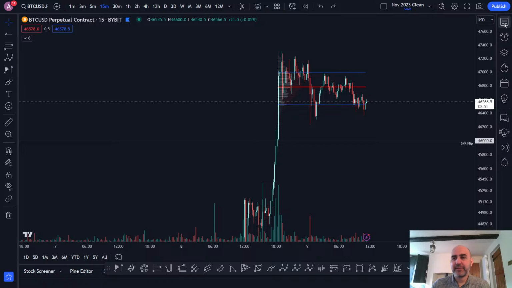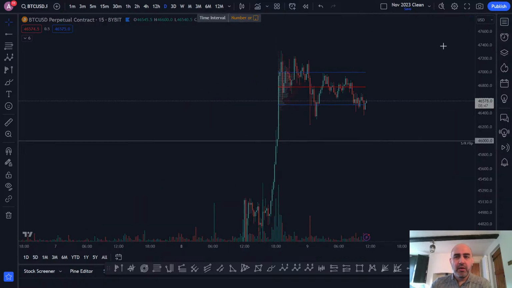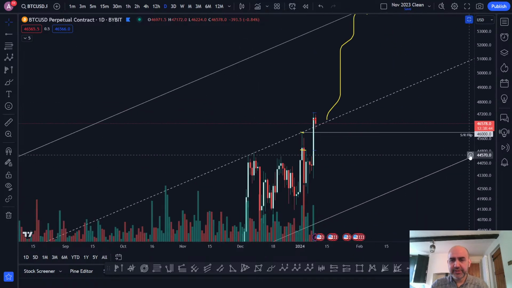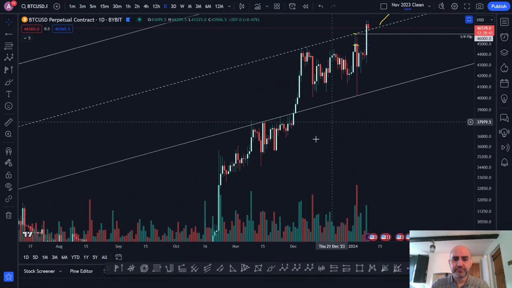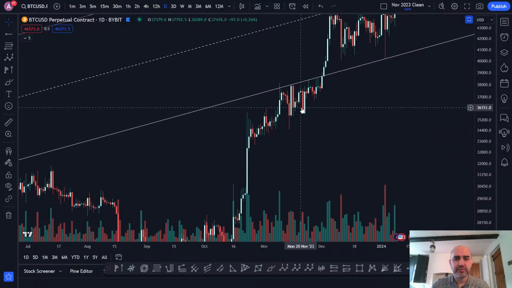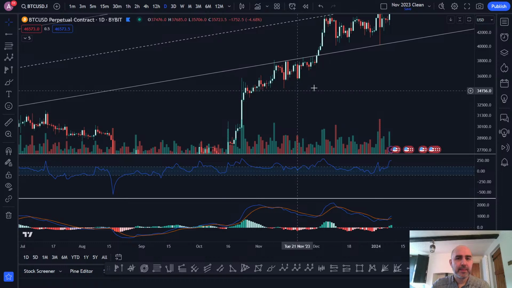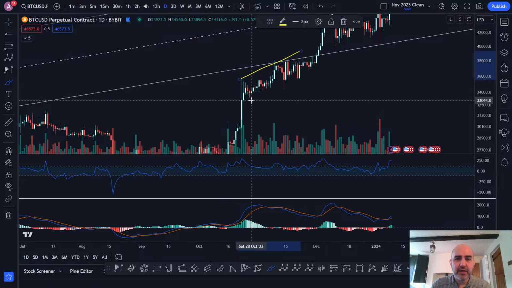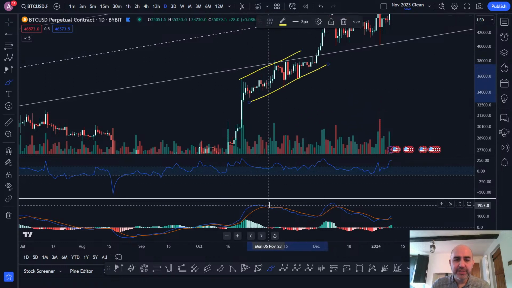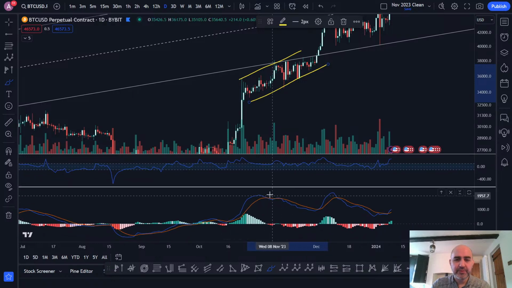on the higher time frame, because we were looking at it. David and I were looking at it. You look at the daily chart here. Do you see this whole cluster where the price is going up? You see how the price is just going up like that? And look at the MACD. Look how it's going down.